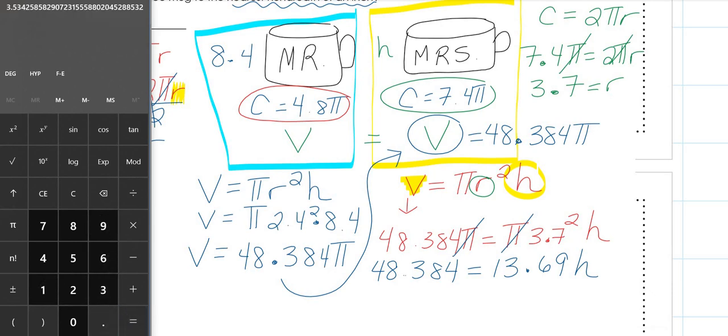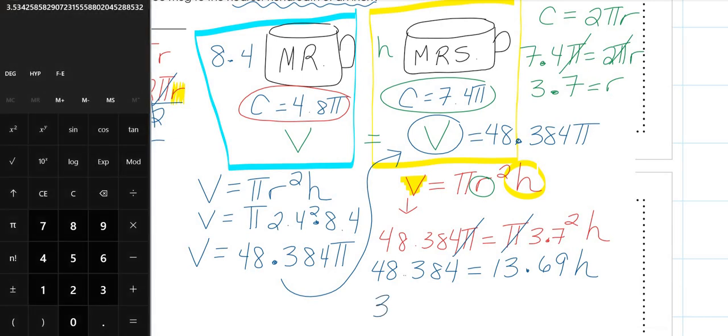Wow, that's a long, long decimal, but they wanted us to round to the nearest hundredth of an inch. So 3.53 is going to be my answer. 3.53 inches equals your height. Go ahead and put that in for your answer, and whew, that was a long one, but we're finally done.